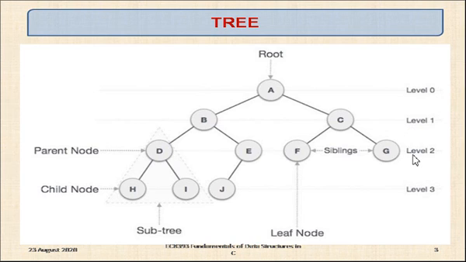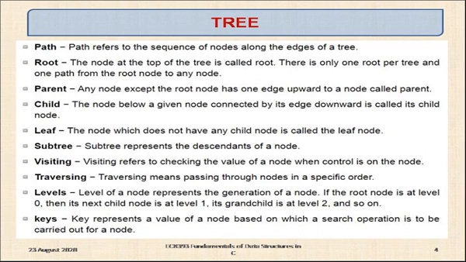So I am the child of my father, and my father is a child of his father. His father is the grandfather for me, and I am the grandson of my grandfather. The same phenomena we can use here also, and we'll see the definition for different terminologies associated with the tree in the next slide.